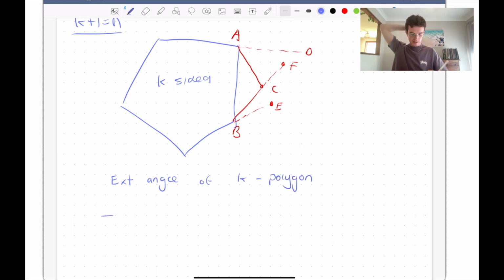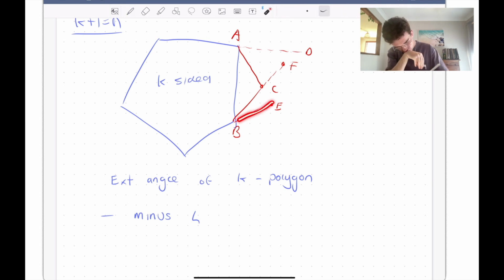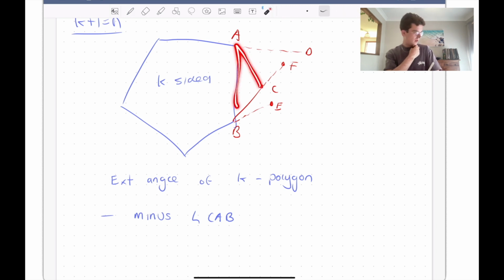And then a few things are going to happen. We're going to minus angle, we're going to get this angle here, and we're going to take away this angle here. So we're going to get CAB, and we're going to minus CAB from the exterior angle DAB.